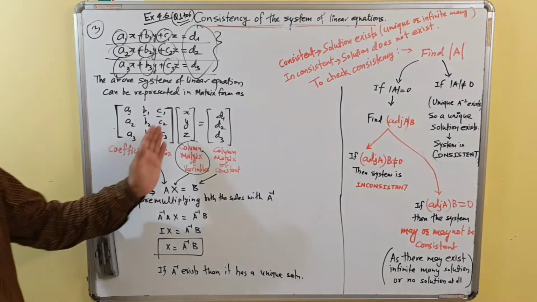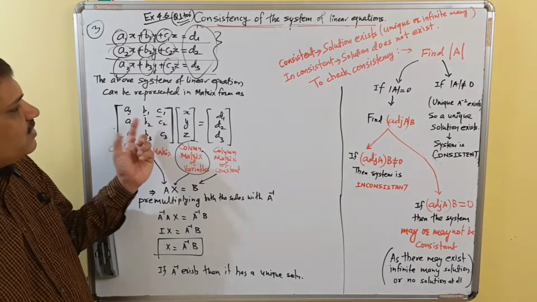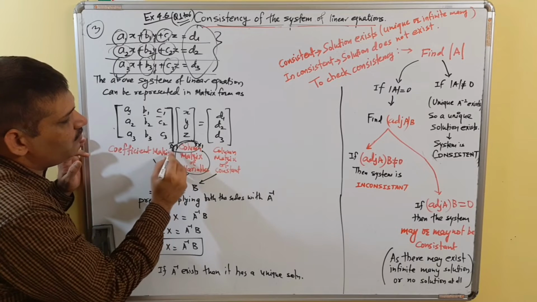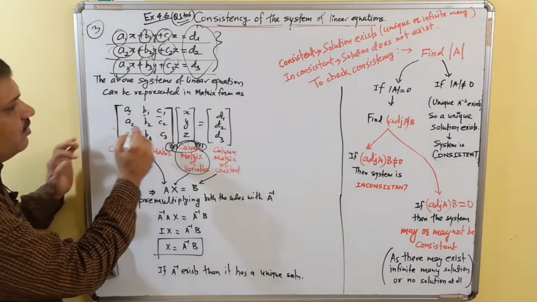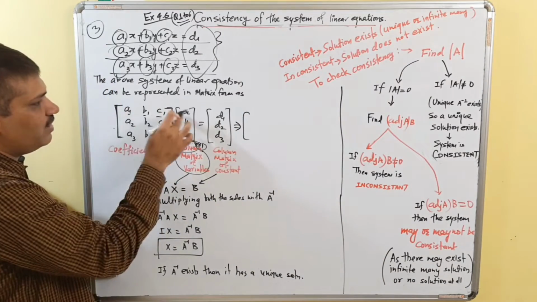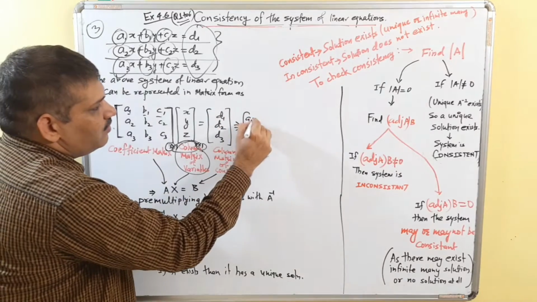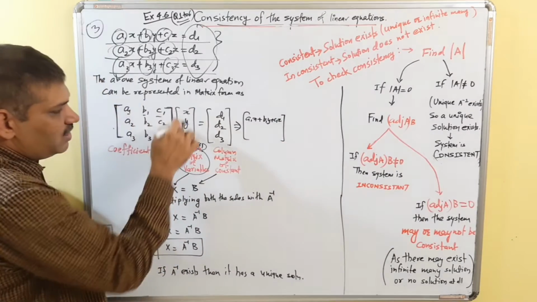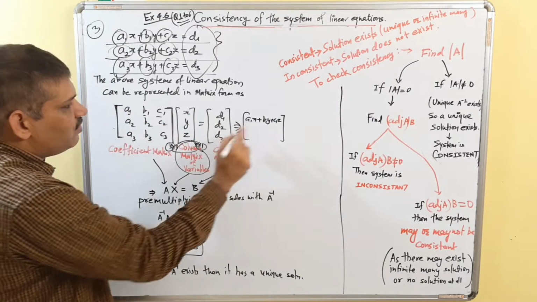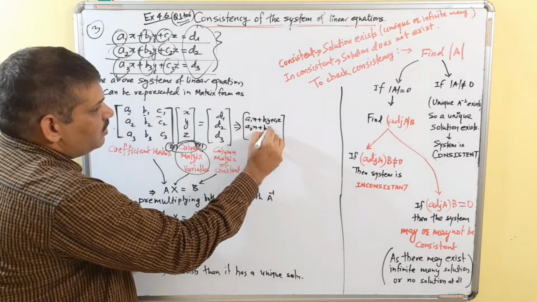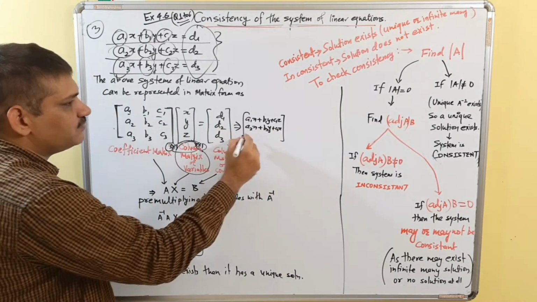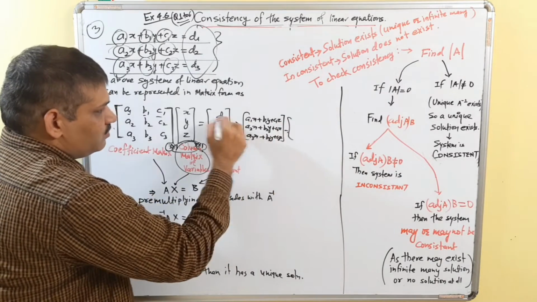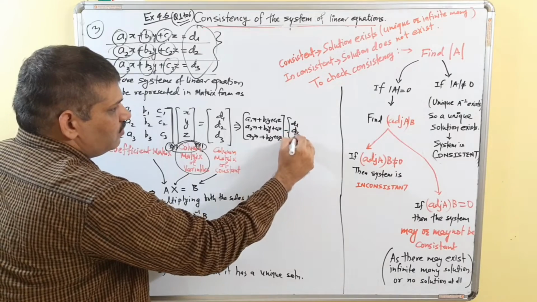If we multiply these two, one of order 3 by 3 and the other of order 3 by 1, we will get order 3 by 1. Multiplying, the first row by the column gives a1x plus b1y plus c1z, the second row gives a2x plus b2y plus c2z, and again a3x plus b3y plus c3z, is equal to d1, d2, d3.